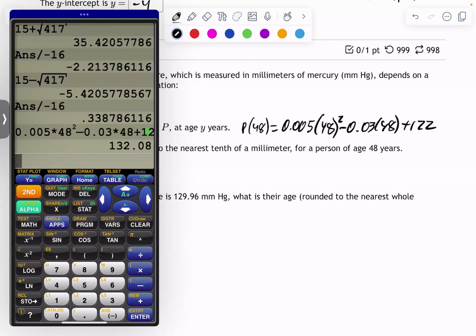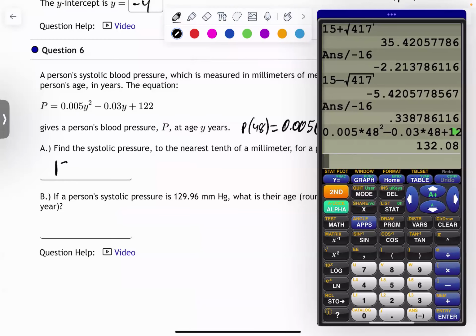So I'm getting that we're looking at about 132.08. And this is in millimeters of mercury. Cool. If a person's systolic pressure is 129.96 millimeters of mercury, what is their age?